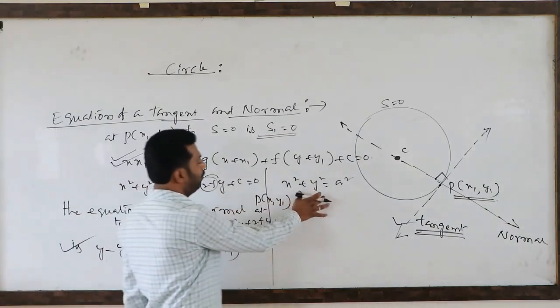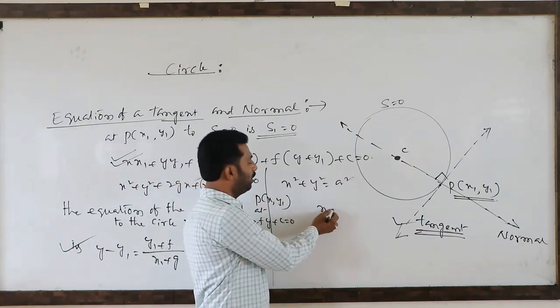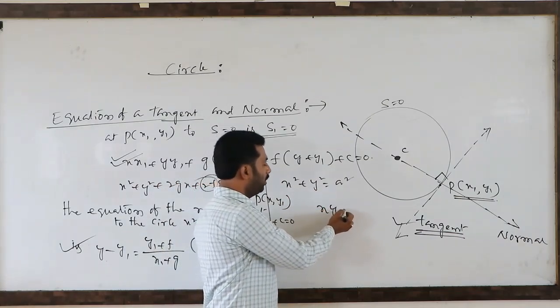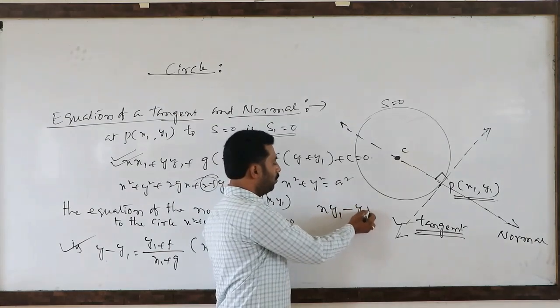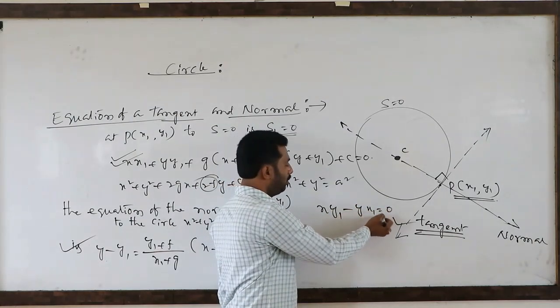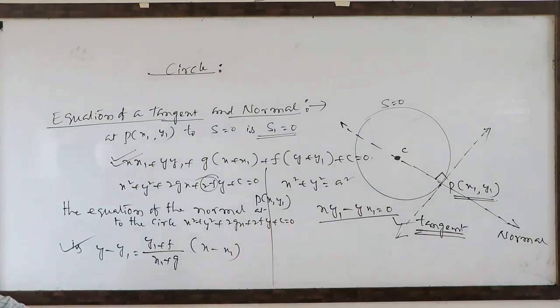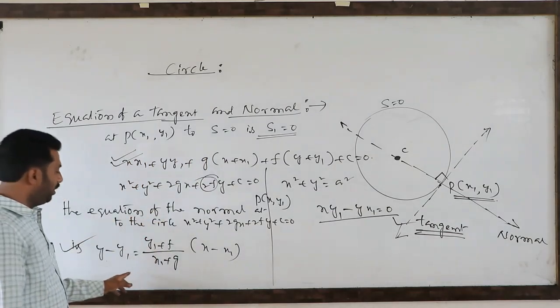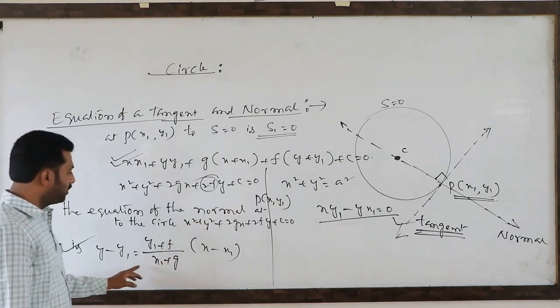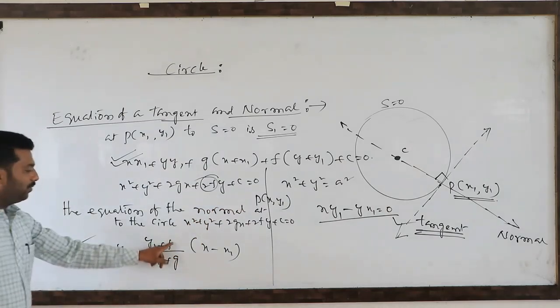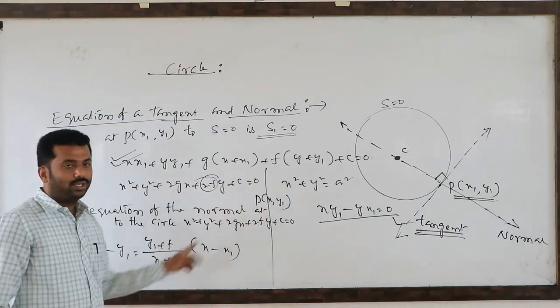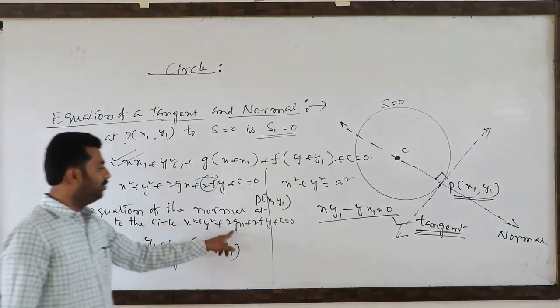Suppose for this circle, what is the equation of the normal? x y1 minus y x1 equal to 0. That point you have to remember. What is the difference here?